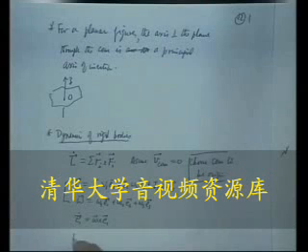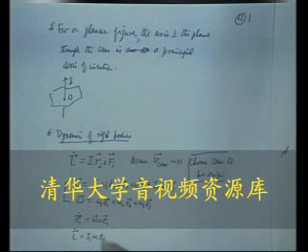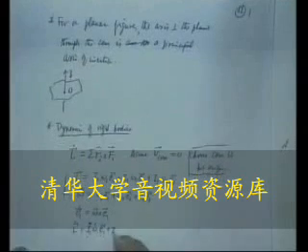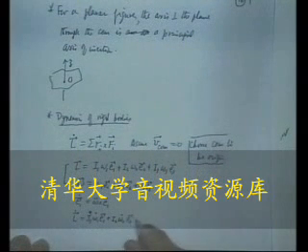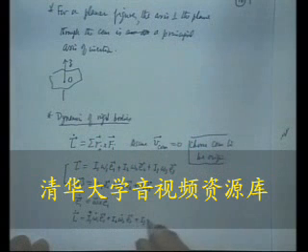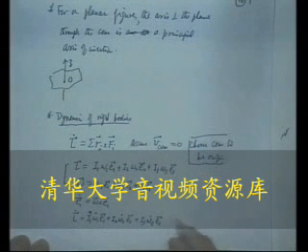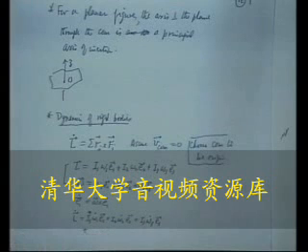So now we can calculate L dot. It's equal to I1 omega 1 dot E1 plus I2 omega 2 dot E2 plus I3 omega 3 dot E3. That's due to the change of omega 1, omega 2, omega 3.